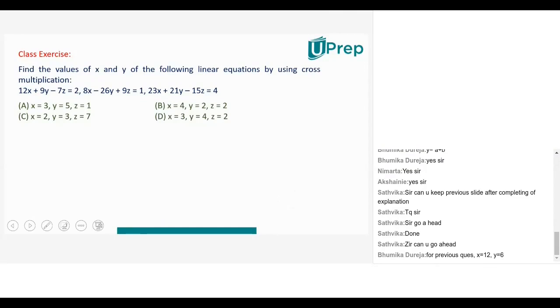Either you can eliminate z, or you can eliminate x, or you can eliminate y also. Check the equations, just check which variable is easy to eliminate. You do elimination method. I'll discuss how to solve this question using cross multiplication method.